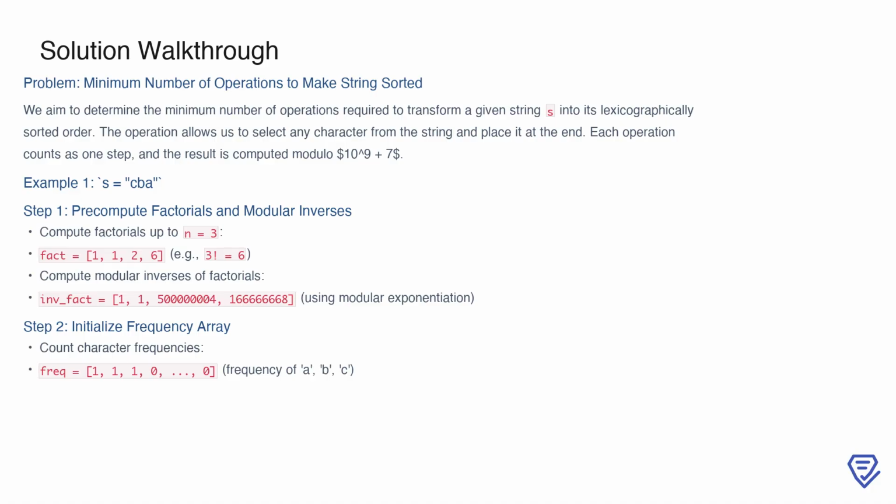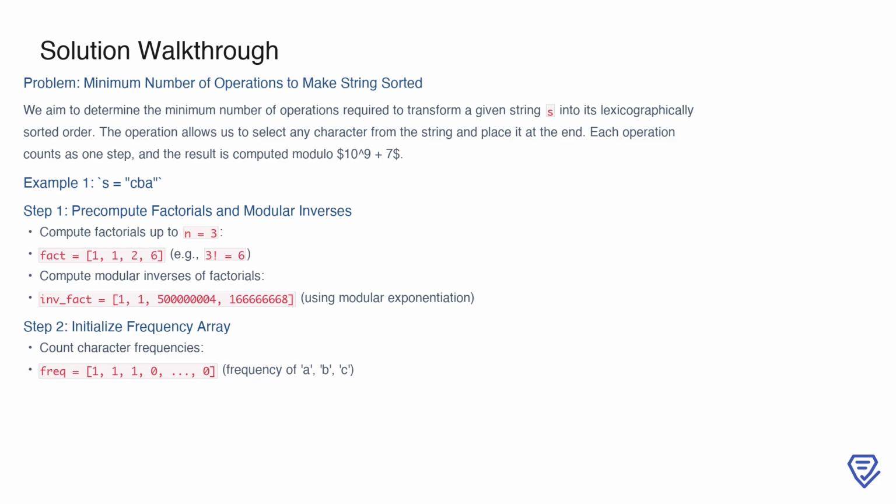First, we pre-compute factorials up to the length of the string, which is 3 here. The factorial values are 1, 1, 2, 6, representing 0, 1, 2, and 3. We also compute modular inverses of these factorials using modular exponentiation to facilitate division under modulo arithmetic.